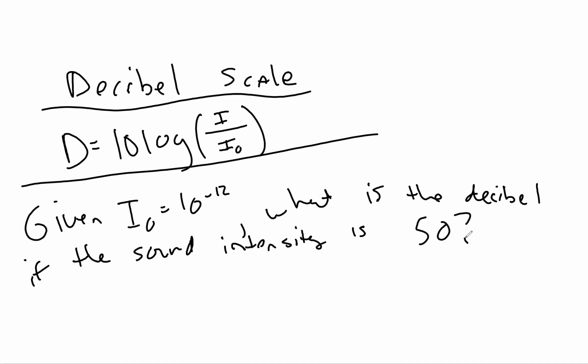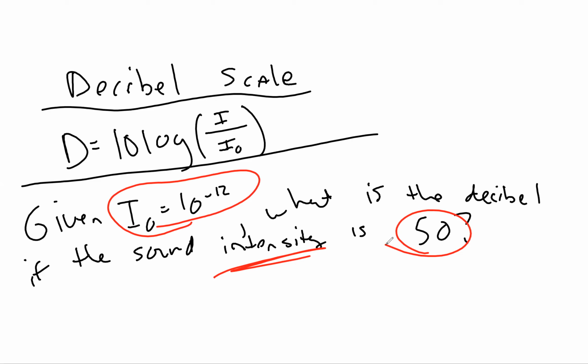You know I'm not the best speller, and I'm okay with that. So we're given this brand new formula, D equals 10 log of I over I sub 0. The problem says I sub 0 is 10 to the negative 12, and the intensity is 50. That's all I care about.